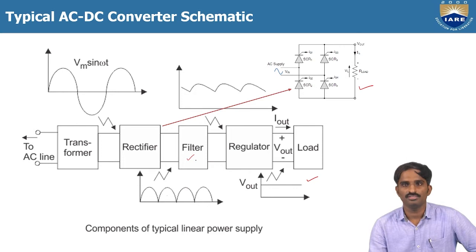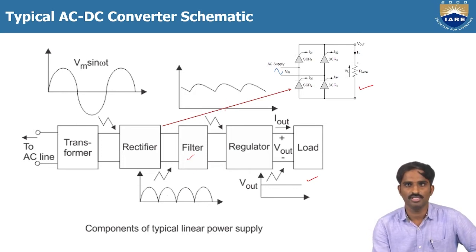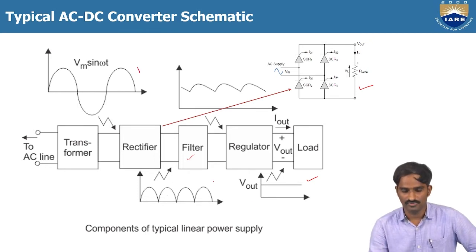Then you can see after the filter, you are getting this waveform. Initially the input is this, and after the rectification, we will get the pulsating DC. Then after the filter, we are getting the ripple content reduced waveform. Then after that, we give it to the voltage regulator.